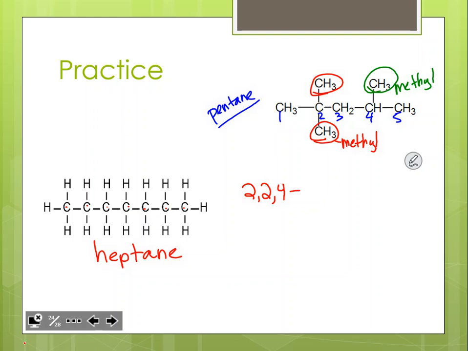Now, since there's 3 of them, what is the prefix I have to put in here now? Yes, this is going to be trimethyl. Trimethyl. And then, no spaces, I just add on the pentane here on the end. So this particular structure up there is 2,2,4-trimethylpentane.